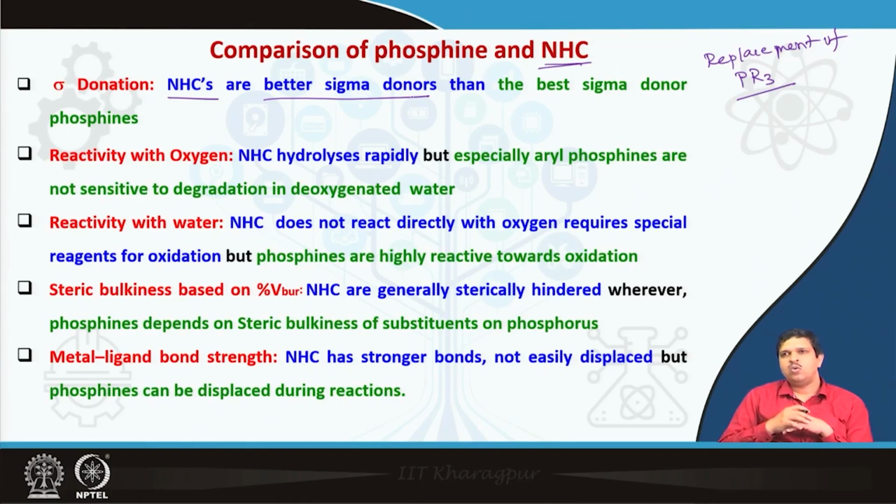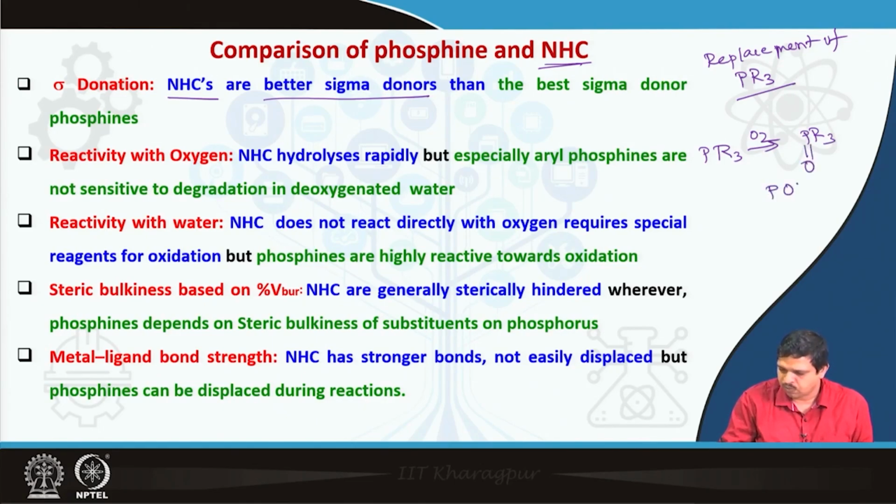It undergoes aerial oxidation and forms P double bond O, OPR3, going from +3 to +5 oxidation state, so its electronic property is completely changed.